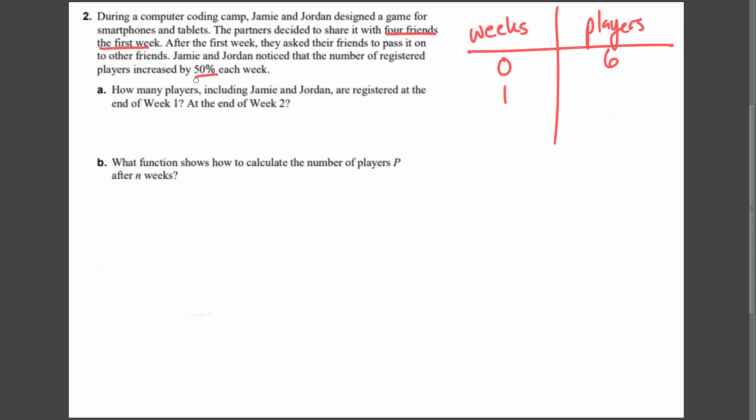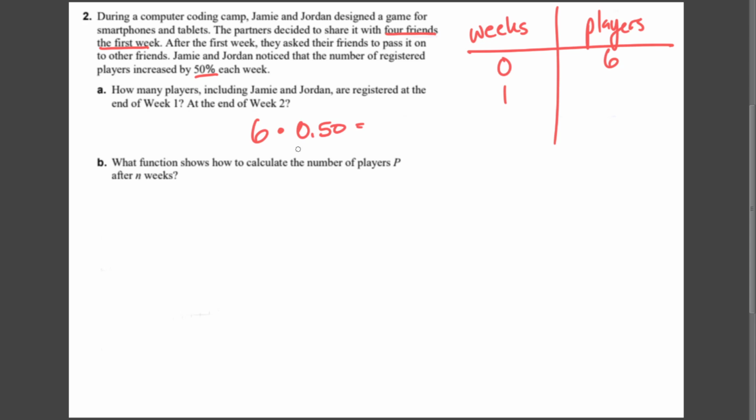Remember, by the end of the week, it is going to increase by 50%. So what we have to look at is we have 6 players right now, and this needs to increase by 50% to the next tier. Cool? The way we're going to do this is we need to find out what 50% of 6 is so we can increase it. Best way to do this, we have 6 multiplied by 0.5.